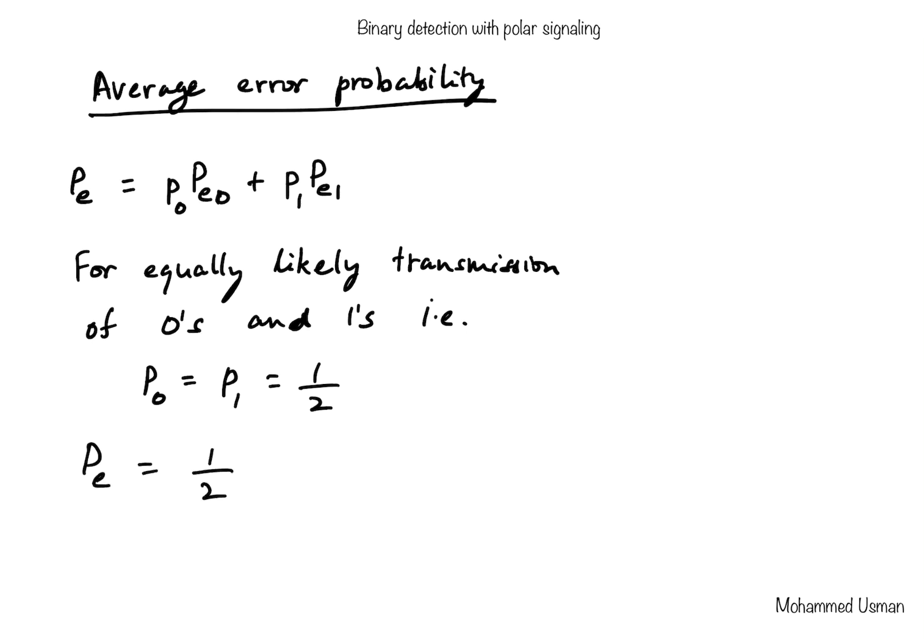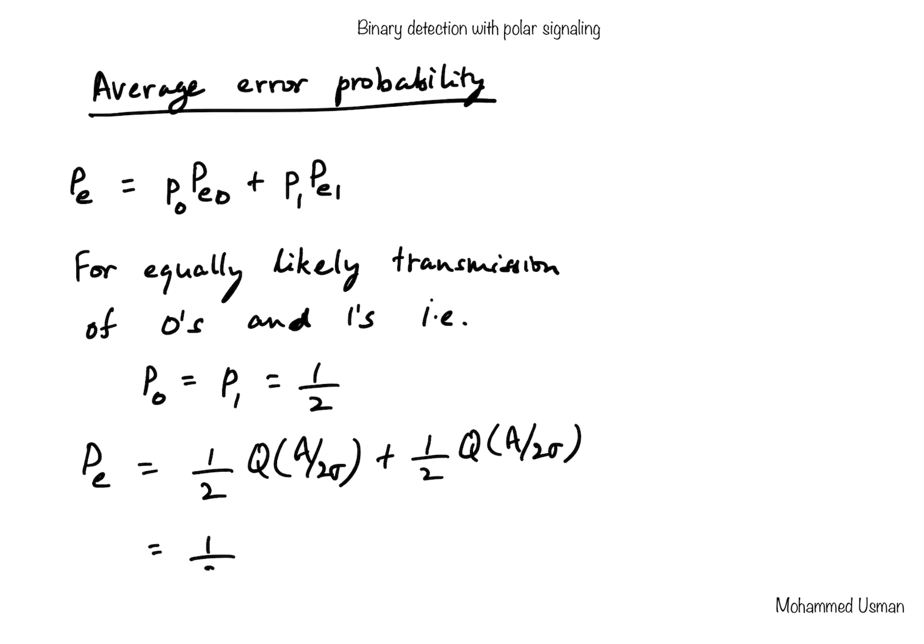P0 is half, and the error probability PE0 when a 0 is transmitted is Q of A by 2 sigma, plus P1 is also half, and the error probability when a 1 is transmitted is also Q of A by 2 sigma.